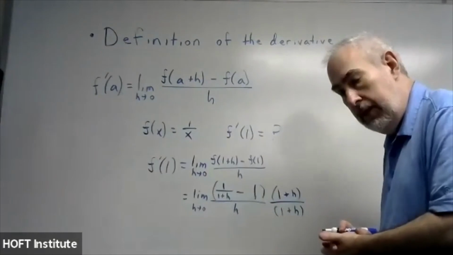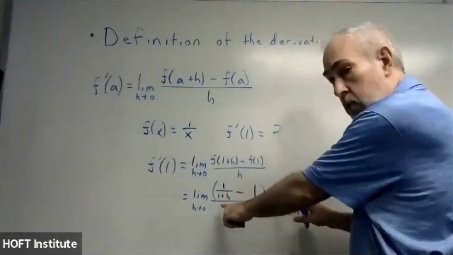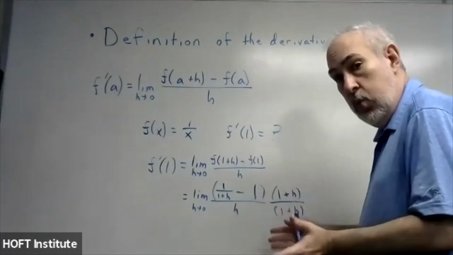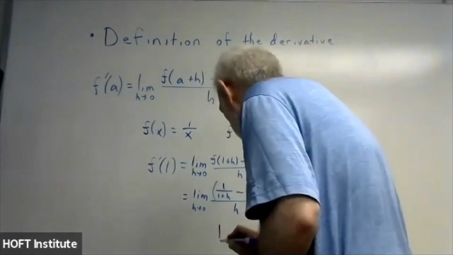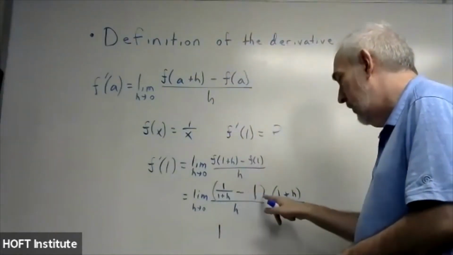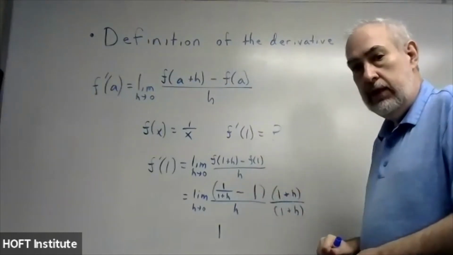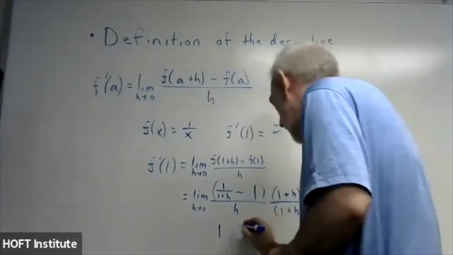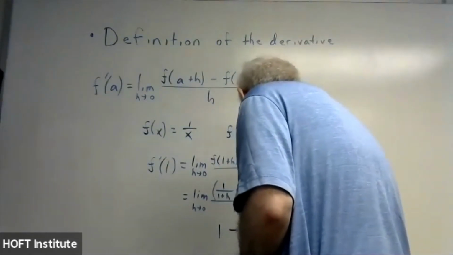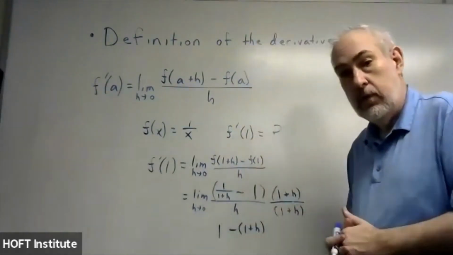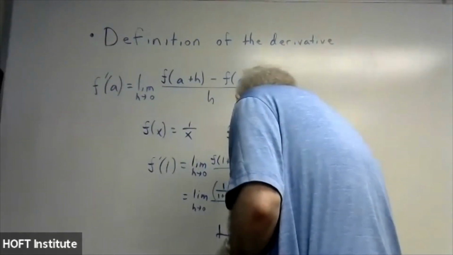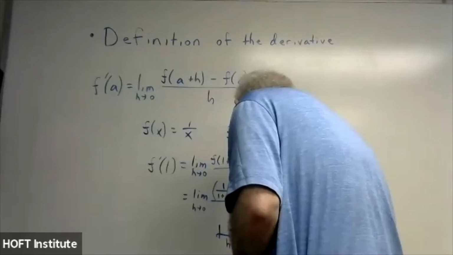Well, 1 over 1 plus h times 1 plus h is just going to simplify to 1, and then minus 1 times 1 plus h, so that's just minus parentheses 1 plus h. I'll distribute that in the next step, so I'm not doing too many steps at once. The denominator, just leave factored as h times 1 plus h.